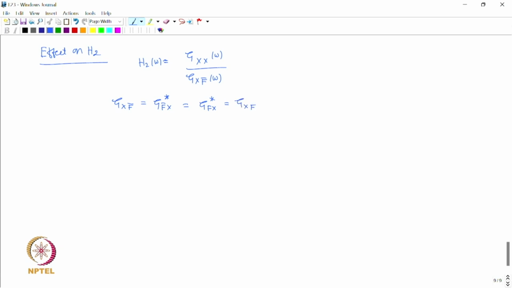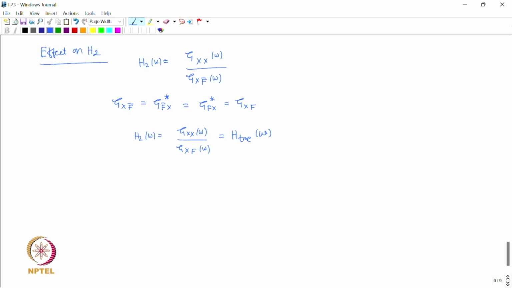So, G x f bar is equal to G x f, which is the correct value of the cross spectrum, and therefore H2 omega will be G x x omega divided by G x f omega, and this is nothing but the true frequency response function.